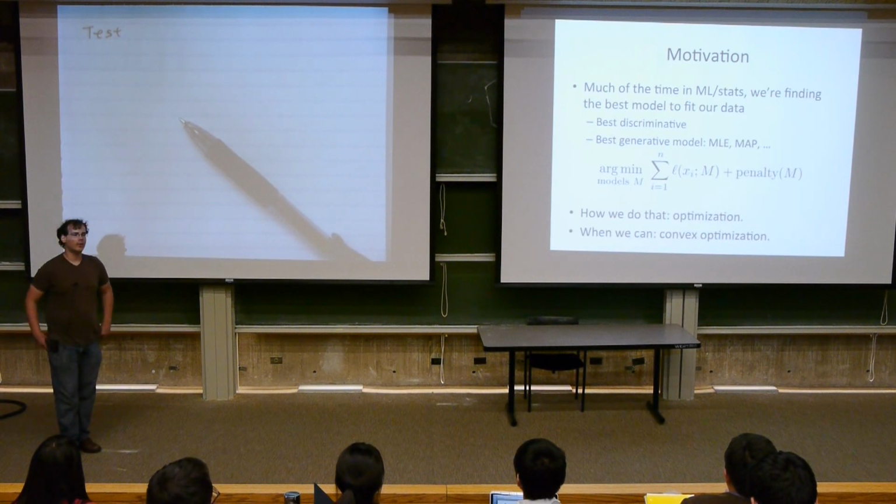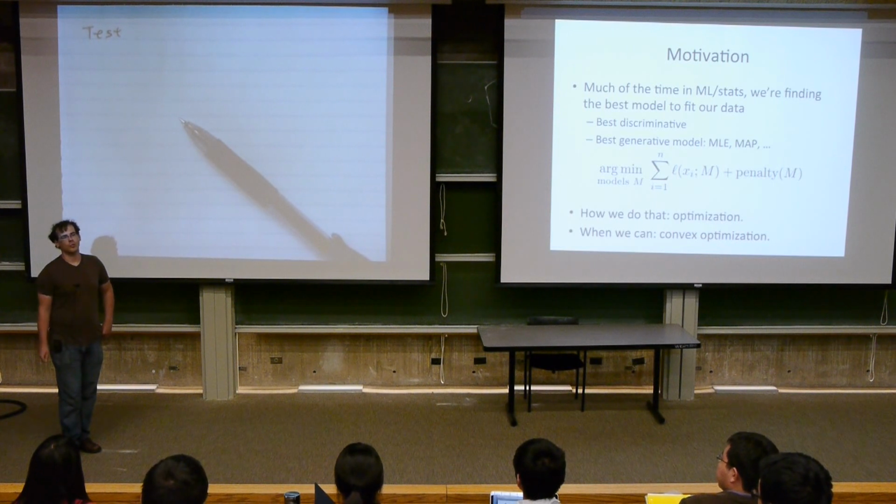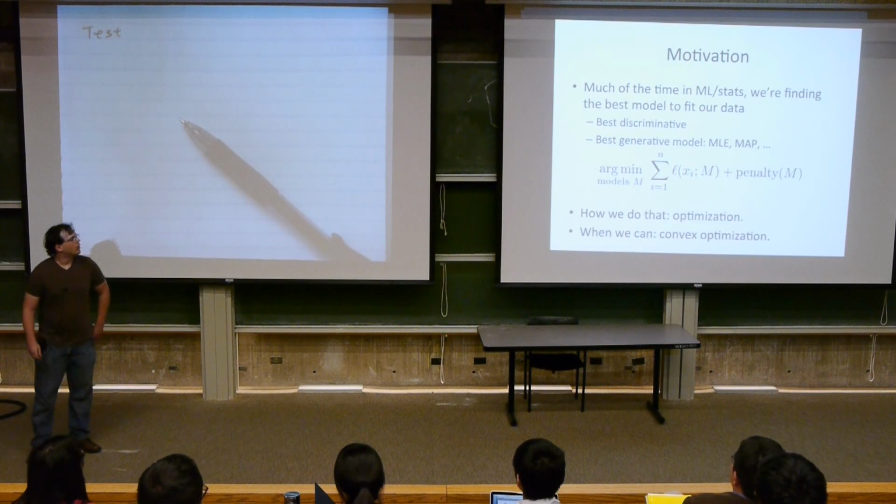And the reason we like that is, well, there's a couple of reasons. One is the nice property that convex functions have basically no local minima. So you can't get trapped somewhere that looks good, where everything near it is worse, but there's somewhere else in the space that would be a better solution. That's really hard to deal with. So when we can, we want to avoid that kind of thing.